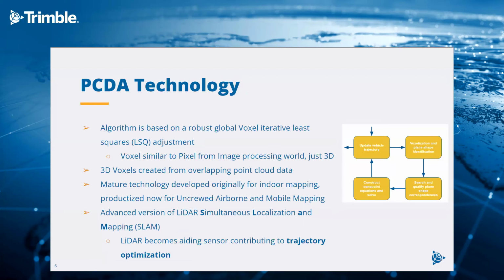In this context, the LiDAR serves as an aiding sensor contributing to trajectory optimization. This optimization is generated in post-processing utilizing the data collected from the Trimble inertial hardware, such as the Trimble Applanix POS systems or the AP Plus or AP systems that you are aware of.